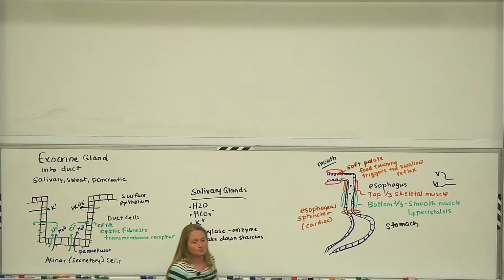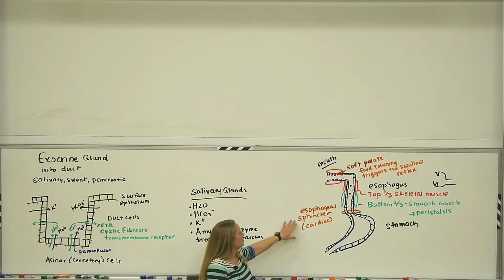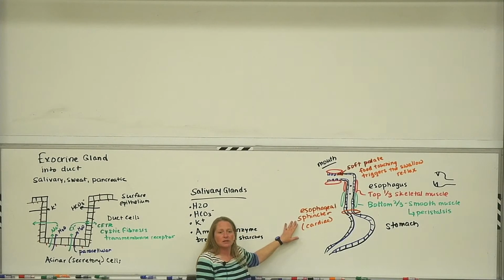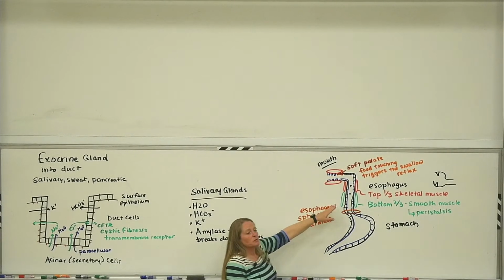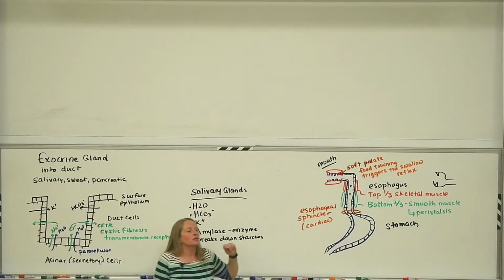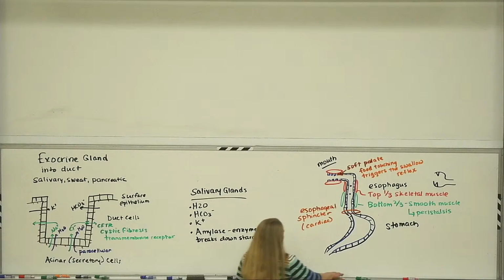So, if that doesn't function right, is that just acid reflux? Yes. So if this is too weak, or as we get older, this can start to weaken, you can start getting some of that food that comes back up. If it starts coming back up through this esophageal sphincter, it is gastric reflux. Okay? And this is bad.